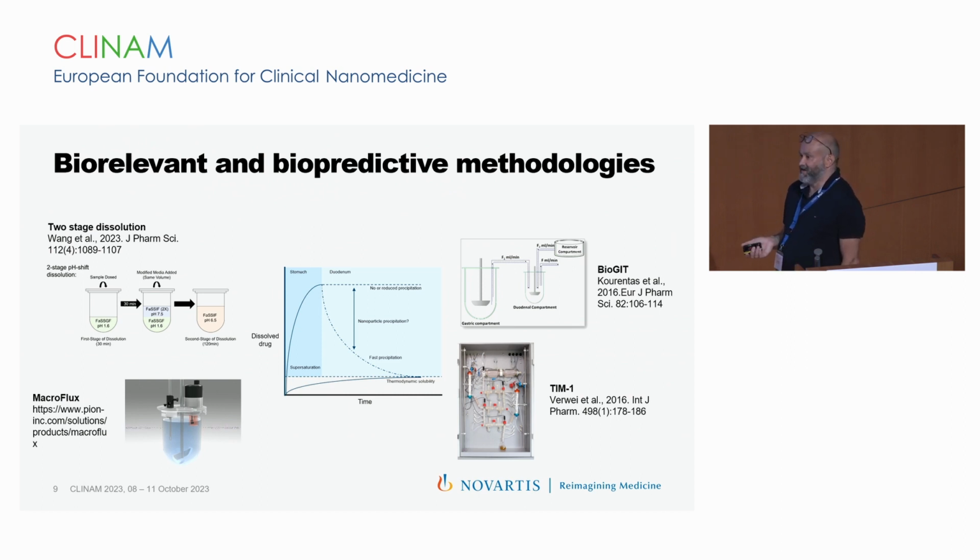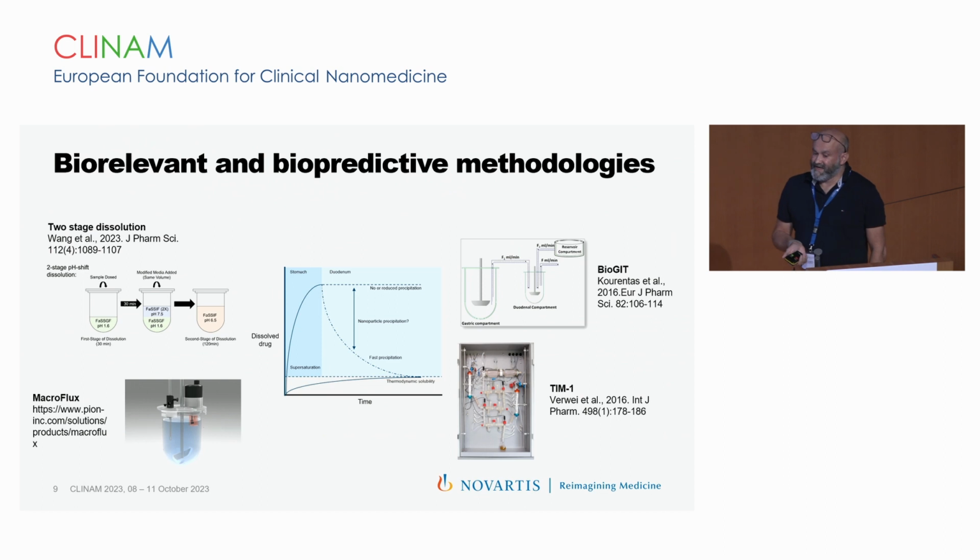However, because we're working with low solubility compounds, they do tend to precipitate fast, and the precipitation could be anywhere in between there. We don't know how they will perform in vivo until we actually get the clinical data and do a learn and confirm type approach.